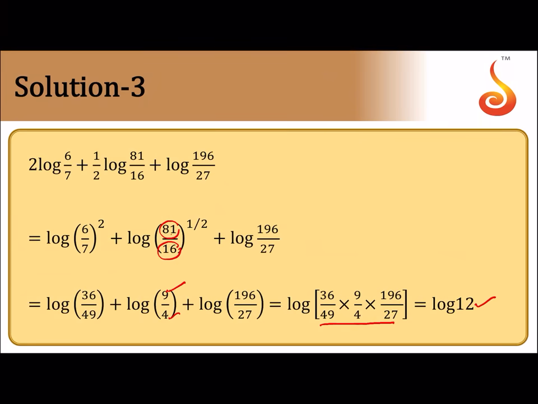Using the property log m plus log n plus log l, all will multiply, all will cancel, you get 12.